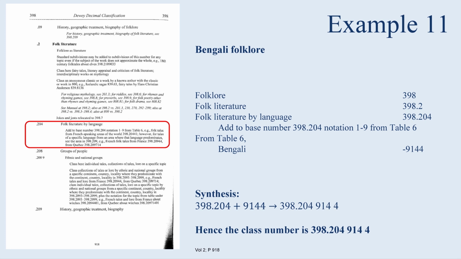Here the instruction has been given to add the numbers 1 to 9 from Table 6. You know that Table 6 deals with different languages. So from Table 6 we have found the number for Bengali, that is 9144. So as per the instruction, we have to simply add the notation for Bengali that we have found in Table 6 to 398.204. So finally the number will be 398.2049144. So this comes to an end of the class 300.